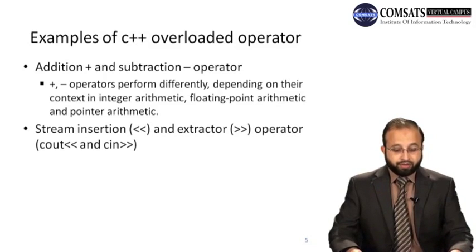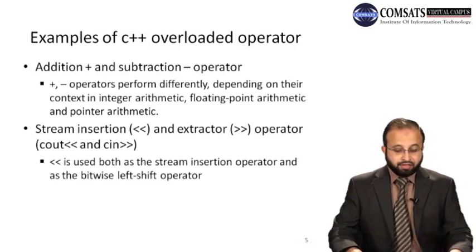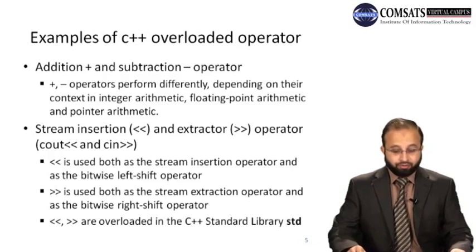Then the stream insertion operator, that is the less than less than sign, and the extraction operator, greater than greater than, are also overloaded, and these are basically bitwise shift operators. The left shift is a bitwise shift operator that is used as a stream insertion operator, and these operators are overloaded in the C++ standard library, right?